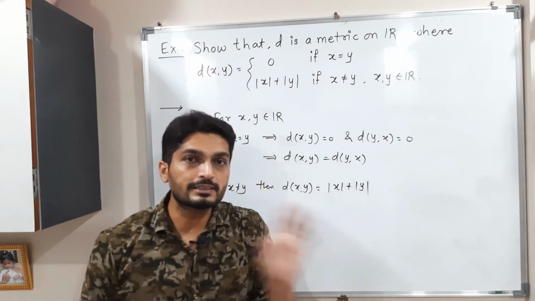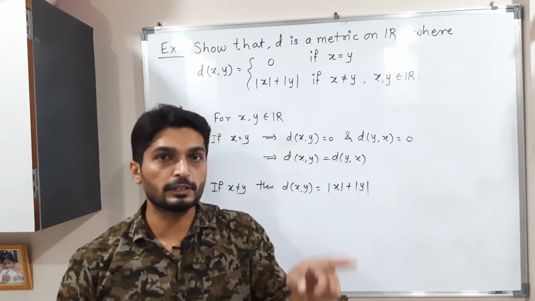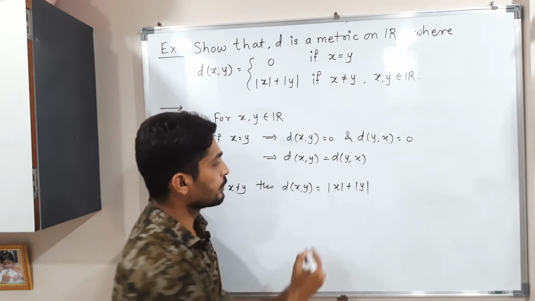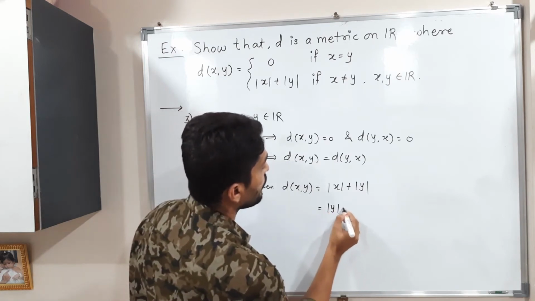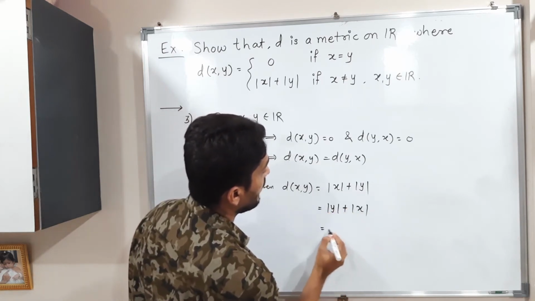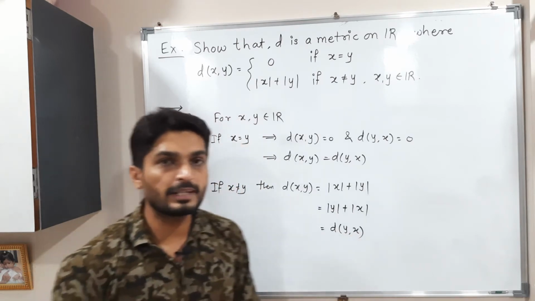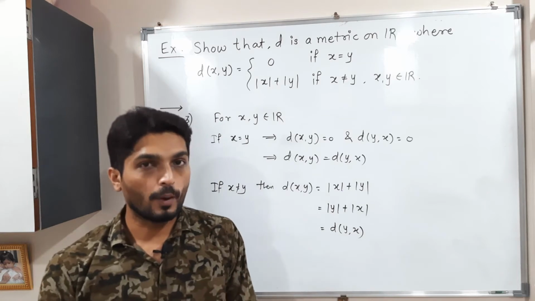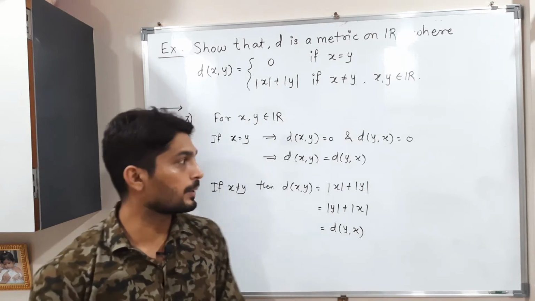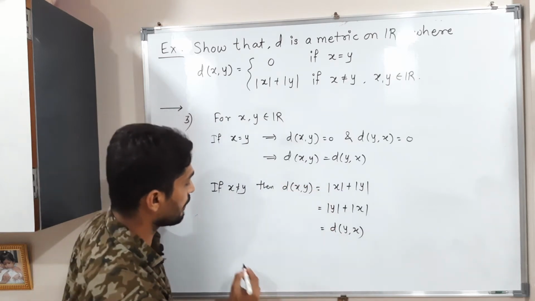Tell me, 2 plus 3 is the same as 3 plus 2, obviously. So therefore this is also nothing but mod y plus mod x, and this is nothing but d of yx. So we started with d of xy and we got d of yx. That means in both cases we are getting d of xy is equal to d of yx.